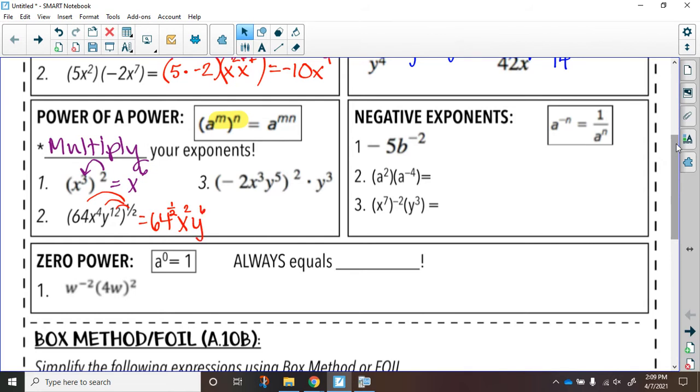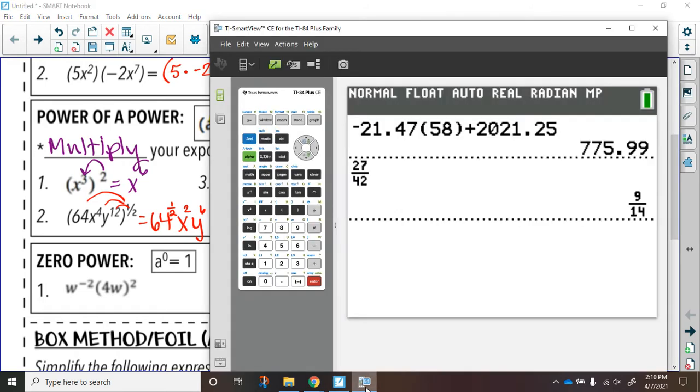Now, 64 to the 1/2 power is not 32. We are not taking 64 and dividing it by 2. I am taking 64 and raising it to the 1/2 power, or 1 divided by 2, which is 8.